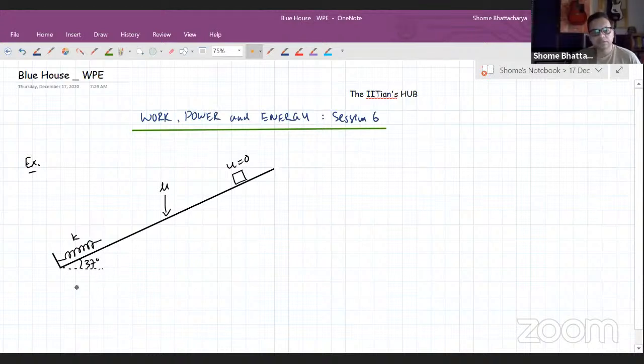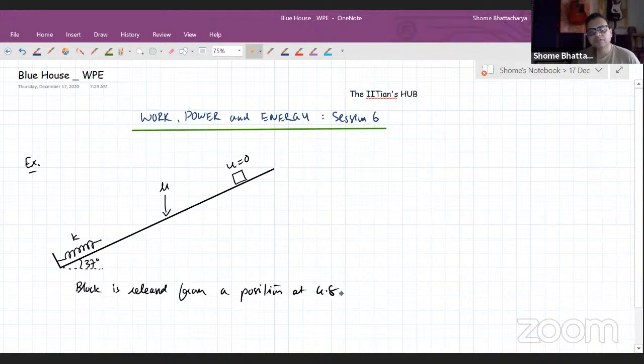Now given to us that the block is released from a position at 4.8 meters distance from the spring.